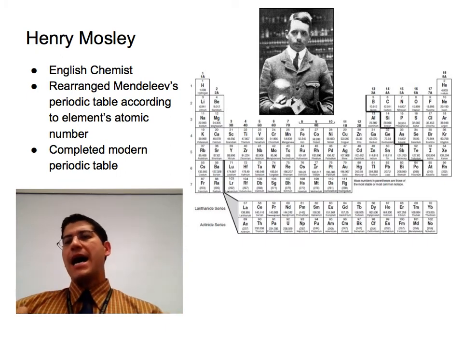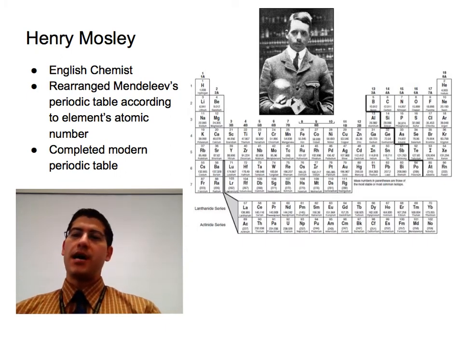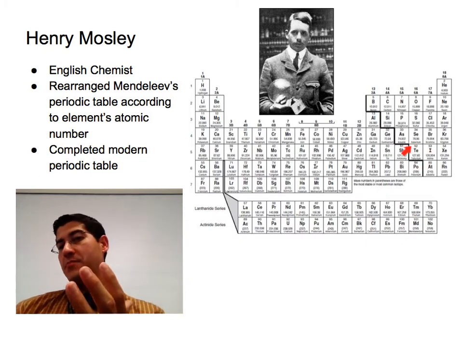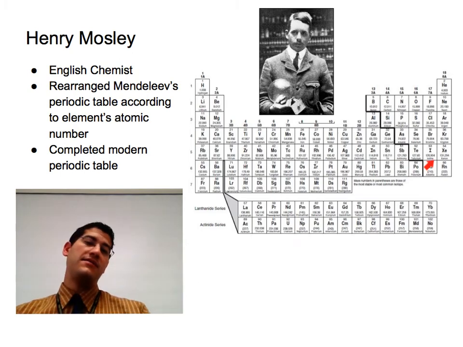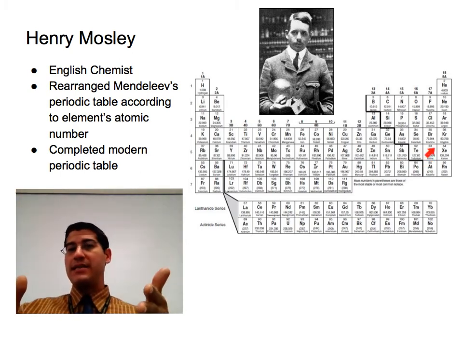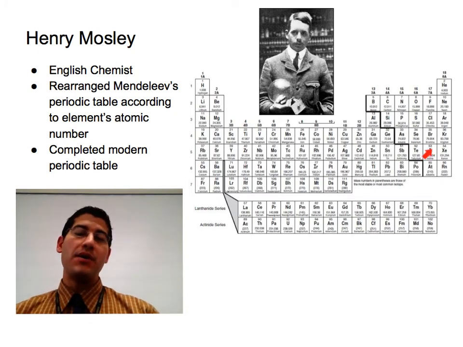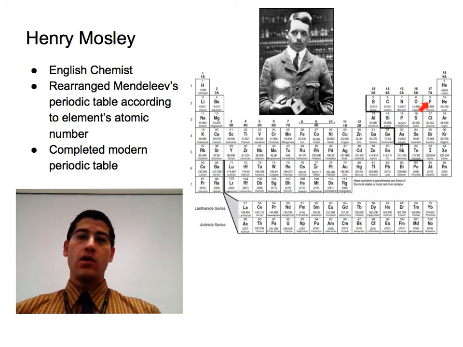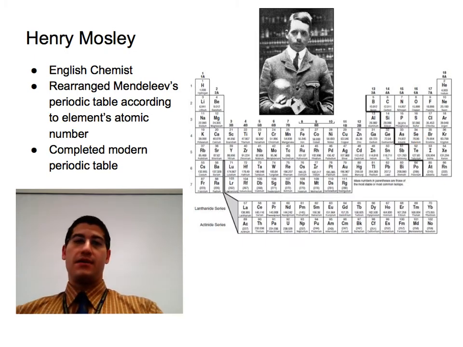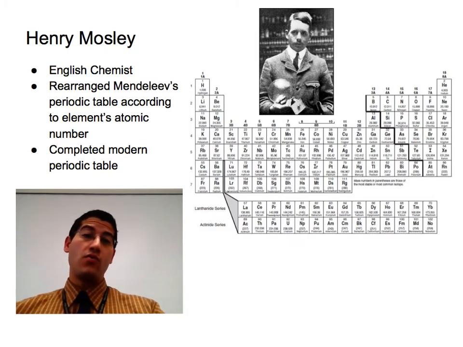For example, iodine has a lower atomic mass than tellurium, so it should come before tellurium in Mendeleev's table. But in order to get iodine in the same group as the other elements with similar properties, such as fluorine, chlorine, and bromine, he had to put it after tellurium, so breaking his own rules.